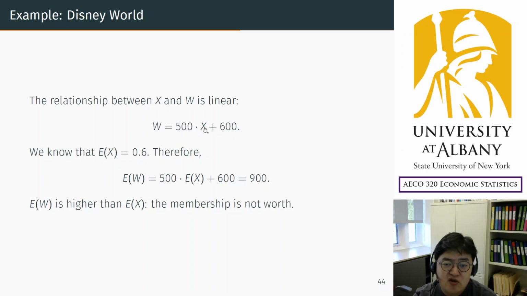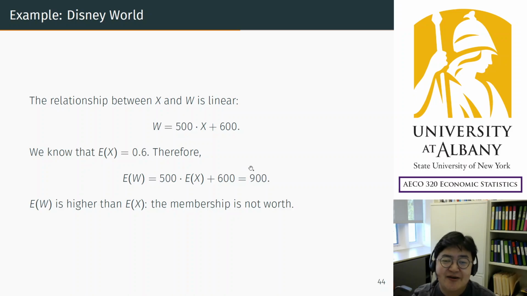And then because we just verified the linear relationship, you could simply plug in the expected value of the original random variable. In the place of X, just use its expectation, 0.6, and then you get the expected value of the new random variable, which happens to be 900.